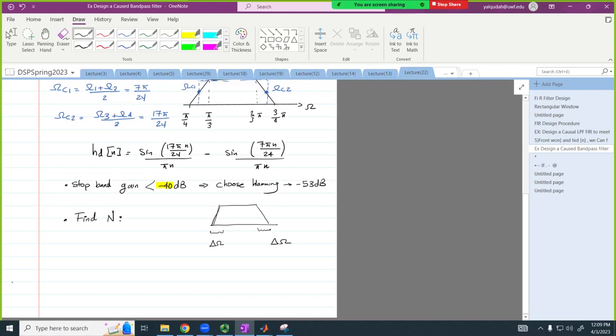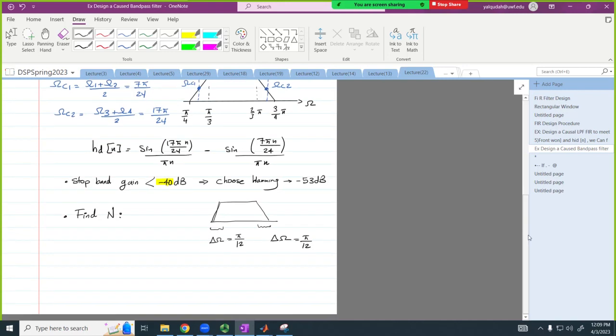And in both cases, delta omega is equal to pi over 12. Again, this is the width of the transition. This width is pi over 12. This width is pi over 12. And since we chose the Hamming window, we want delta omega, which is equal to pi over 12, to be greater than or equal to 8 pi over n. Again, this is from the Hamming table.